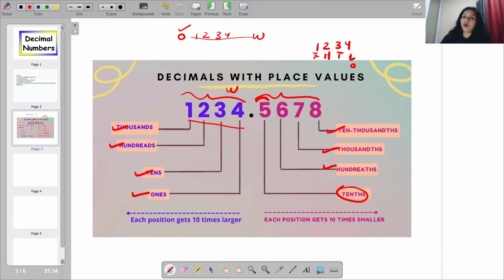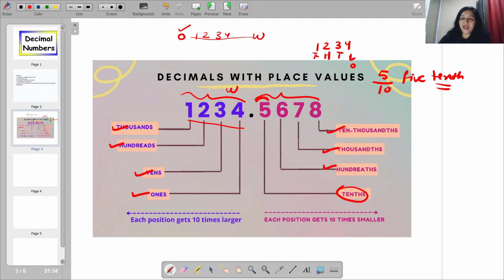Now, why do we call this the tenth? Please understand, if I write the fraction 5 by 10, it is read as five-tenths. So the meaning of tenth is out of 10. We know how to convert a fraction to a decimal number.